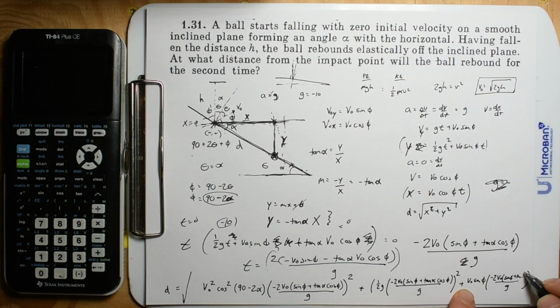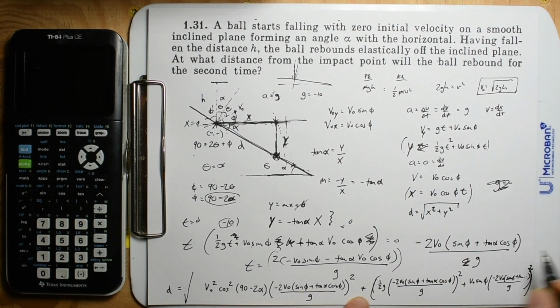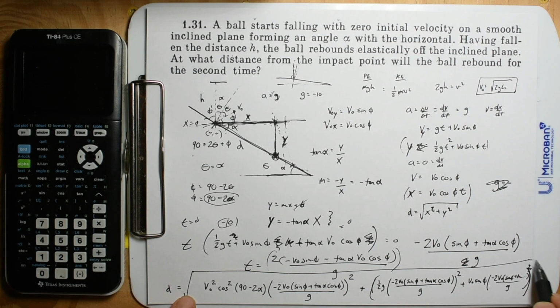There's my t. Then we put parentheses around all that, square it, and then take the square root of the whole thing.